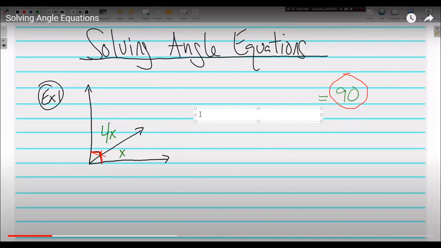So we said 4x plus x equals 90. So we have to search for the unknown variable, x, and what we can replace it with to make their sum equal 90. So we change the relation between angles into an equation. And this is how we can connect the lessons which we studied together.